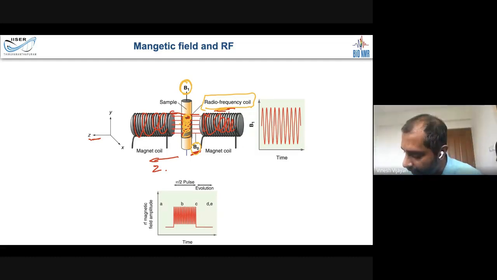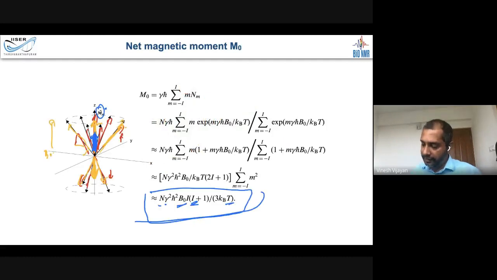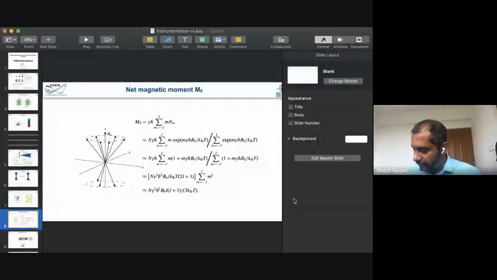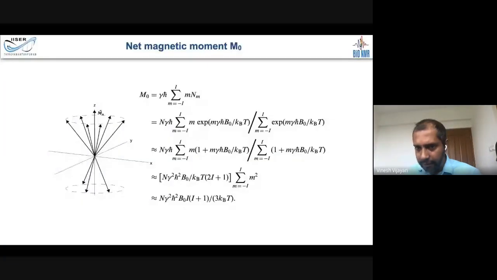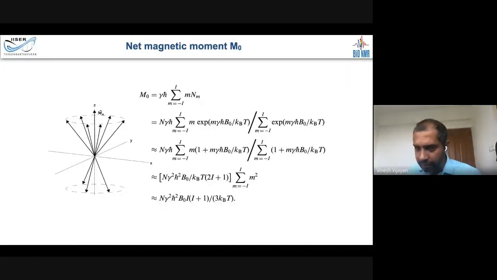So the B0 field is in one direction, and perpendicular to that, either Y or X, you apply the B1 radio frequency field. In this way, we should be able to get this magnetic moment, which is in this direction, to move away from the B0 field.